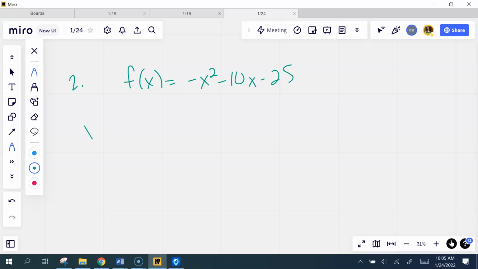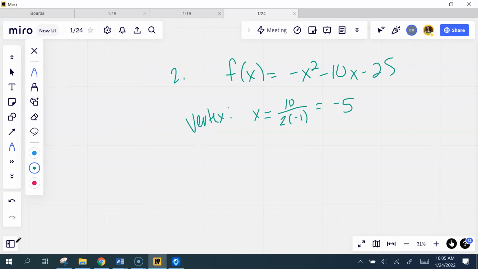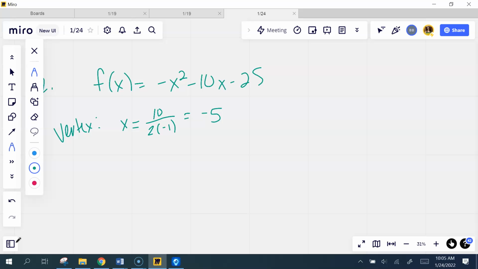So first thing I'm going to do is find the vertex. X is opposite b, so b is negative 10, so I'll use positive 10 there, over 2a, which is negative 5. Everybody good there? And so then if I plug negative 5 into my equation for x, I find that y is negative. A lot of you were messing up on this last week.